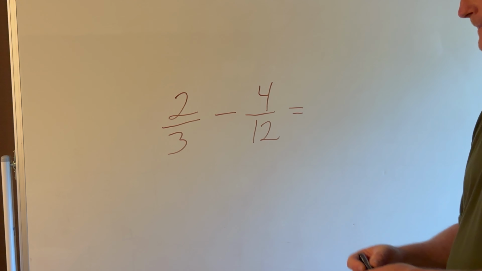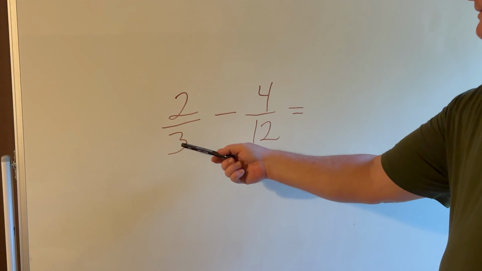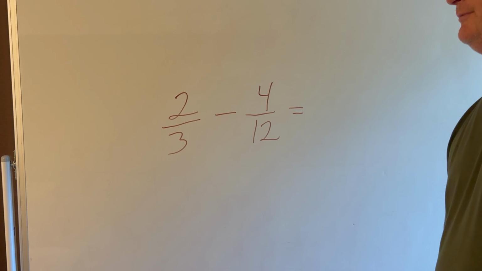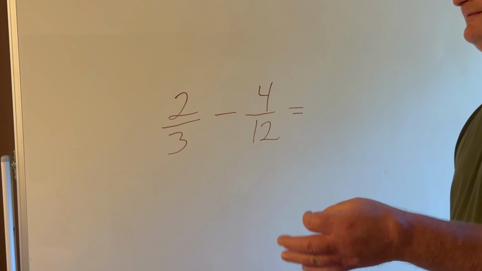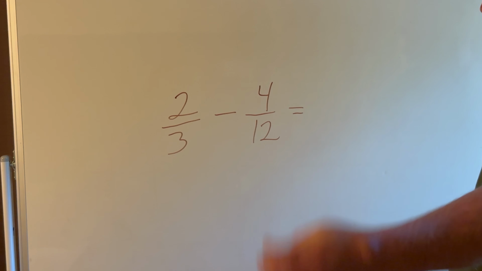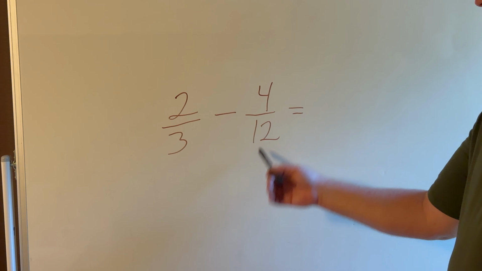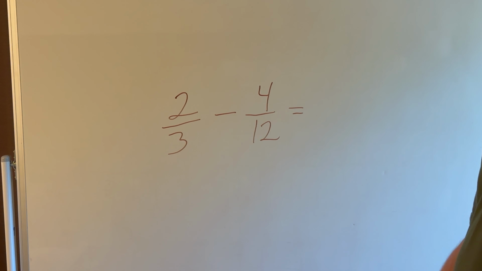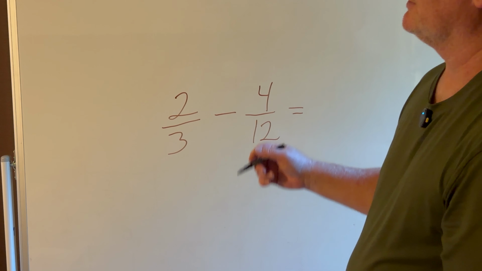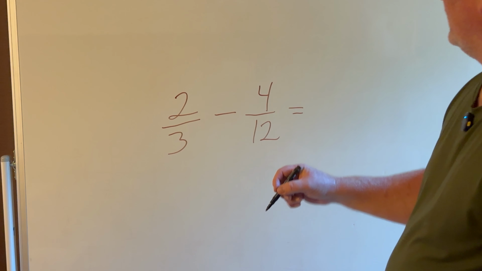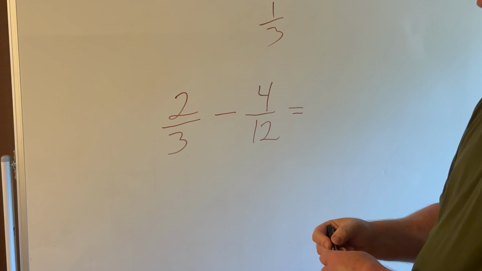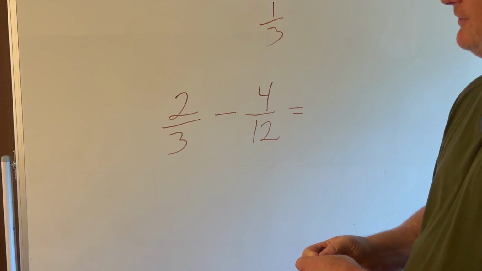Right? Remember, thirds go by 6, 9, 12, 15. So we have 4/12. I know 4/12 you're going to say is equal to or the same as 1/3. It is the same as 1/3.